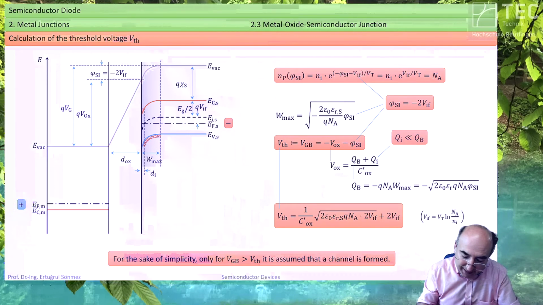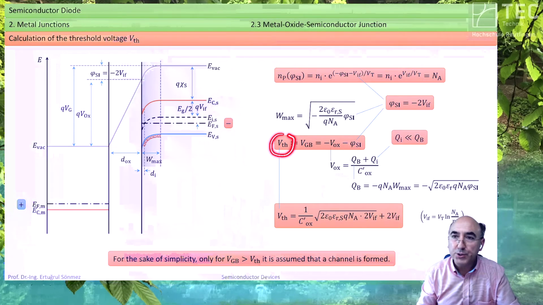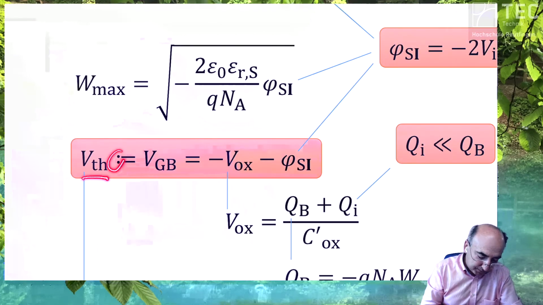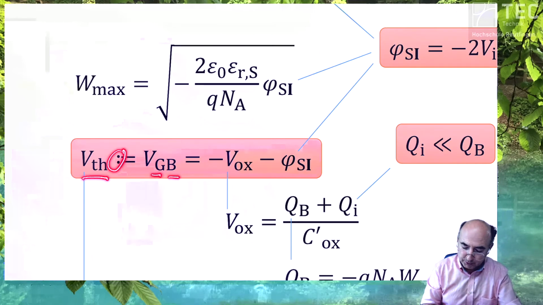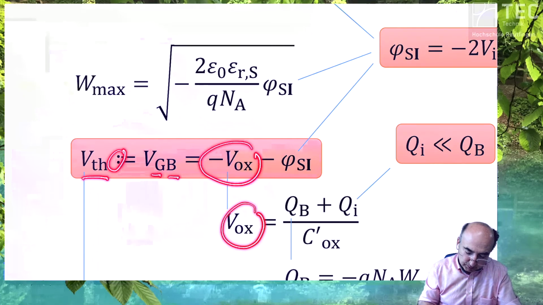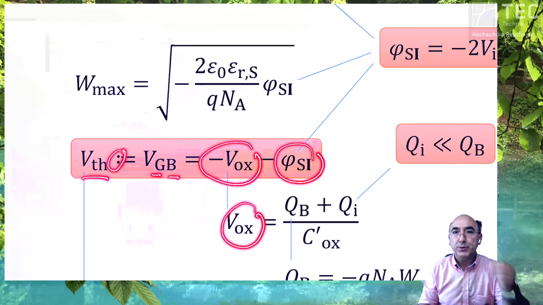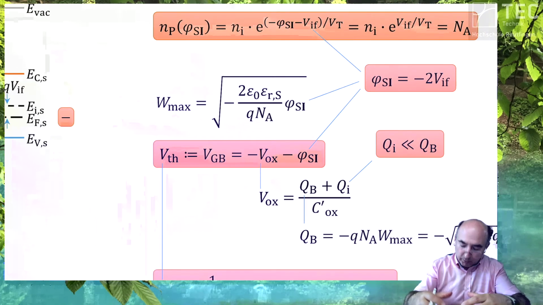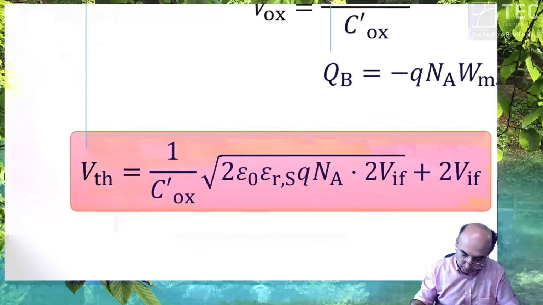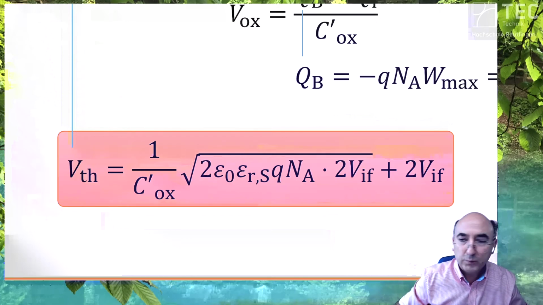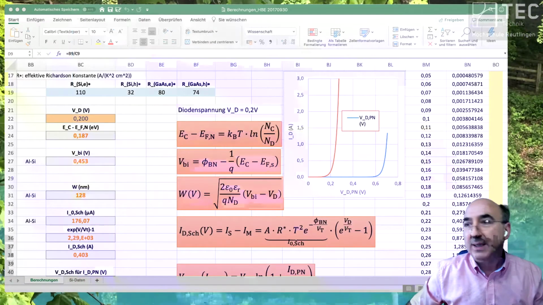And this is the threshold voltage. The threshold voltage is the defined gate bulk voltage, which has the oxide voltage and the defined surface potential with 2 VIF. If we put together all these equations, we end up with this equation. And now let's go to, again, the spreadsheet.